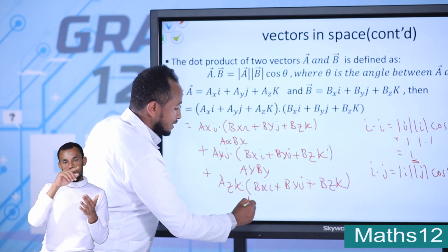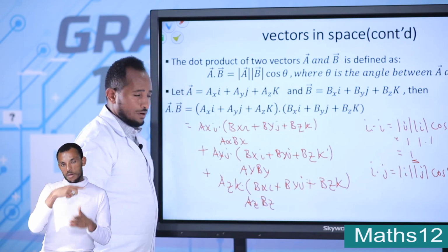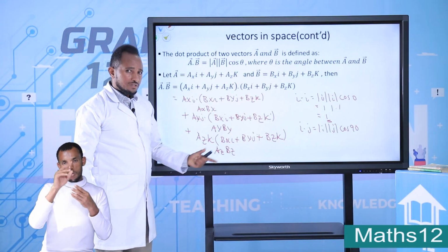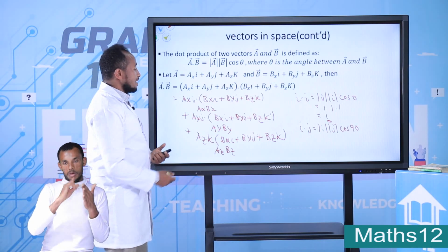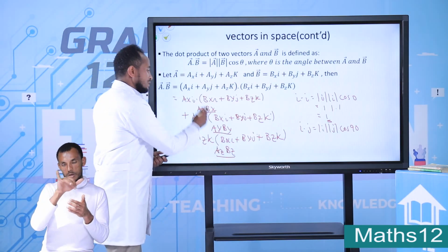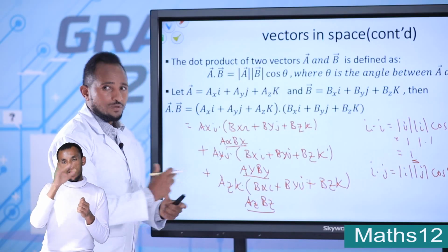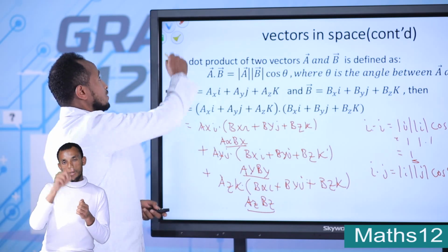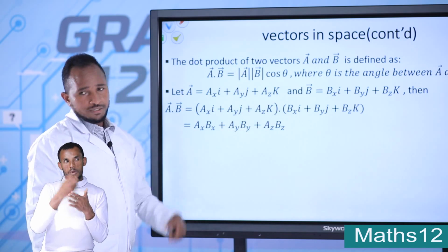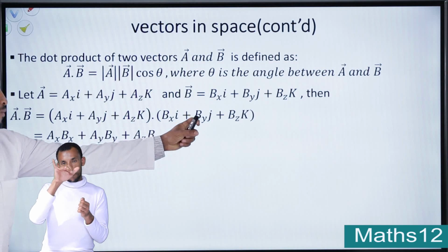Therefore, if the components of two given vectors are given, their dot product is easily evaluated by multiplying their corresponding components, Ax with Bx, Ay with By, Az with Bz, and then adding these results. So the formula for the dot product of the two will be Ax Bx plus Ay By plus Az Bz.